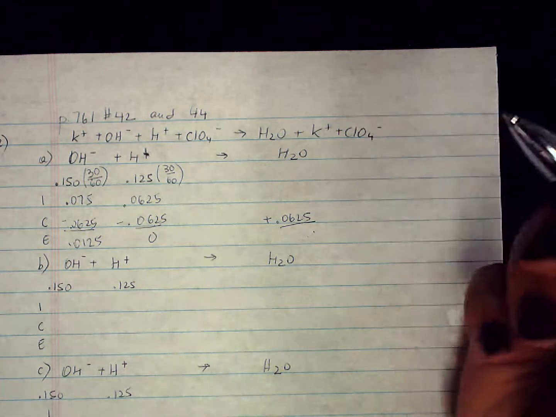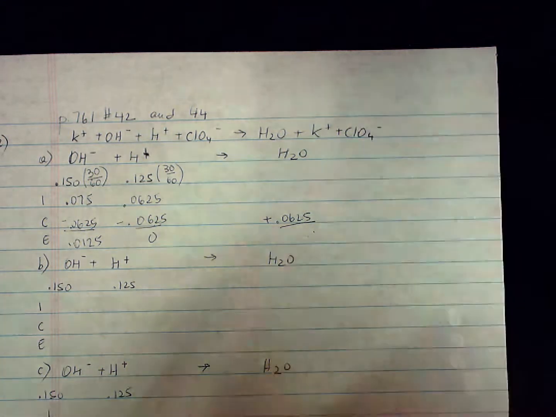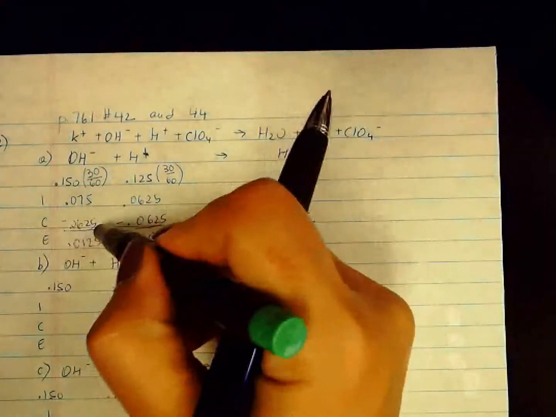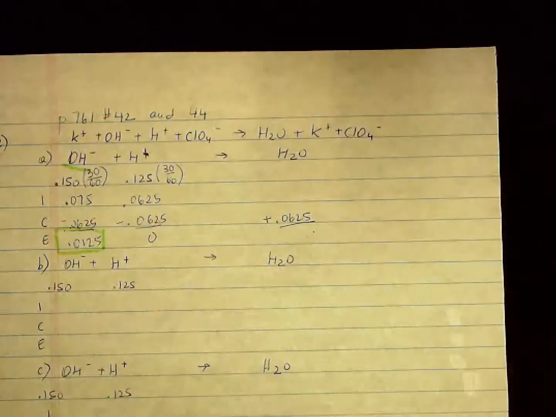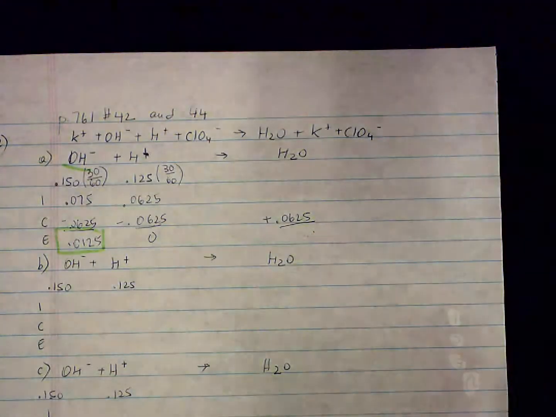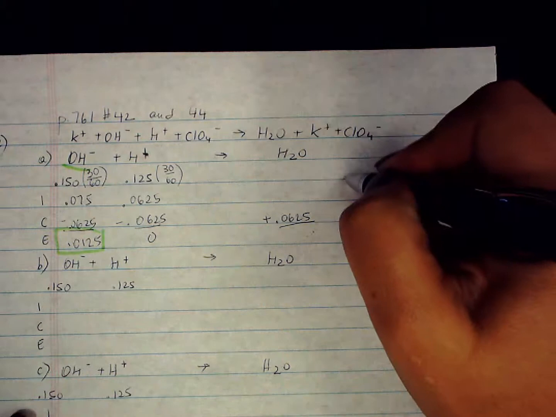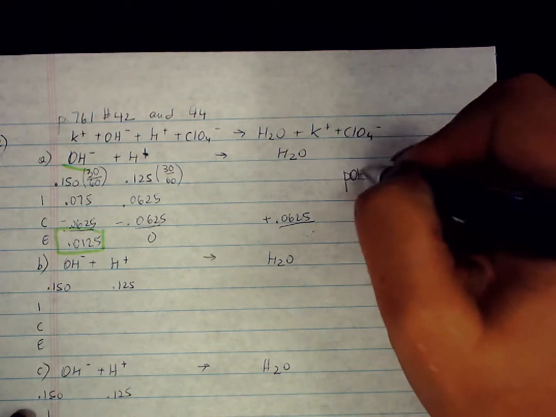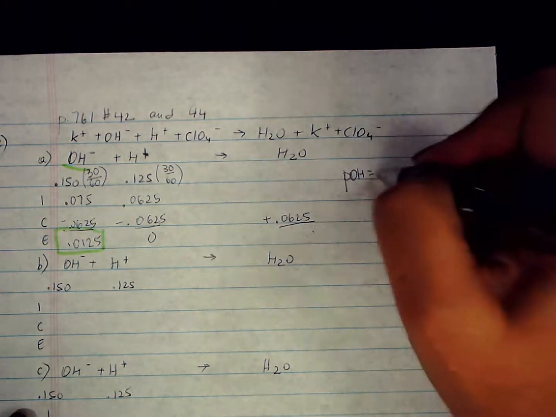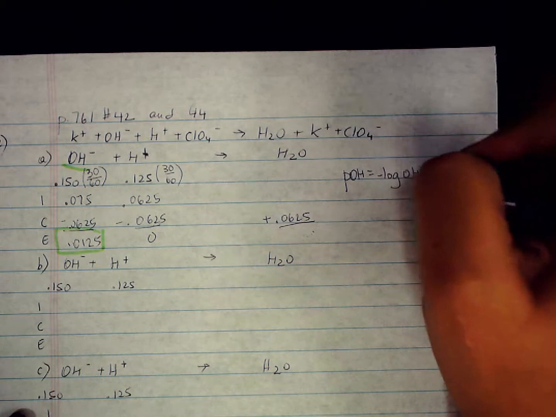So if you look at the end of this rice chart, what do you notice? You notice that you have an end value at the bottom of the hydroxide column. Alright, so that's fabulous and fantastic because now I can get pH. I just can't do it directly. So what I can do is get the pOH, and if you recall, the pOH is the negative log of the OH.